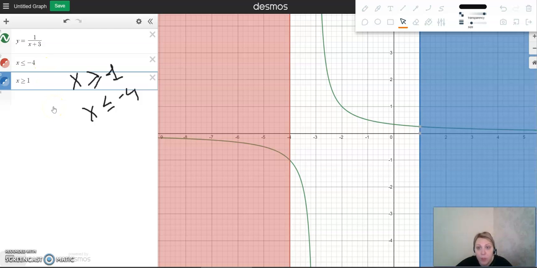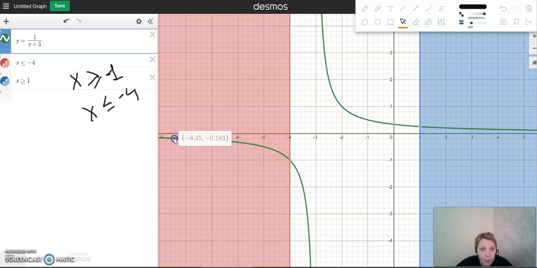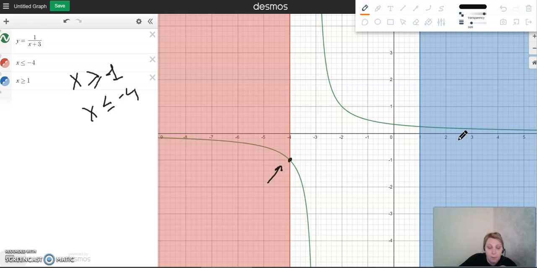So now I have two regions, and I can easily find my min and max here, because if you trace out this graph over here, it tries to get to 0, but it will never cross. But over in this region, at this point, (-4, -1), I actually do have a min. Because this end of the function will never cross the x-axis either. So this one is my min, all right? So f of x equals -1.